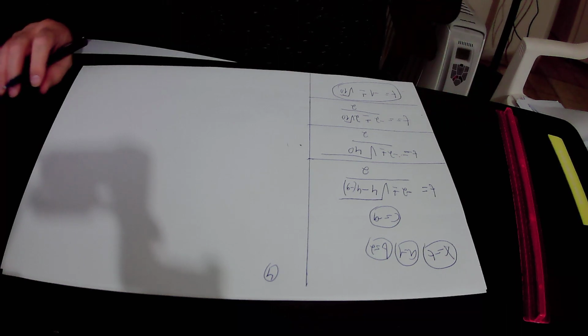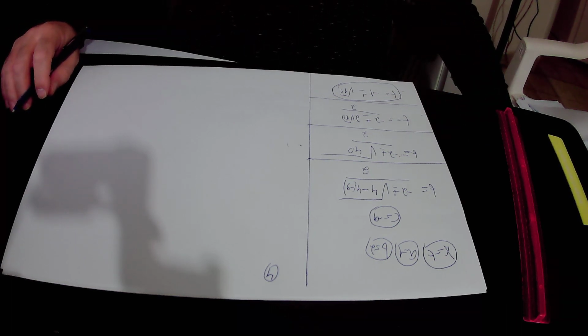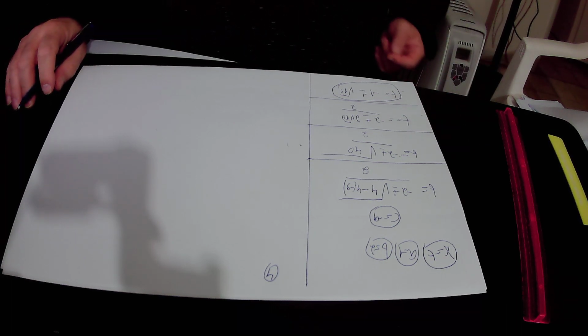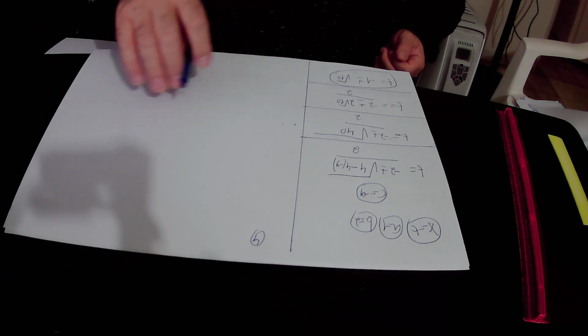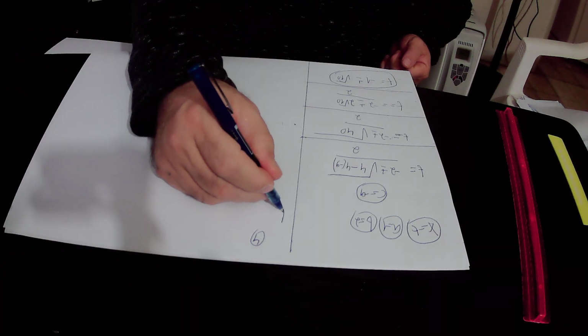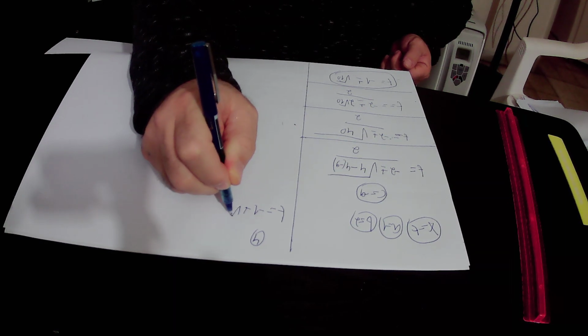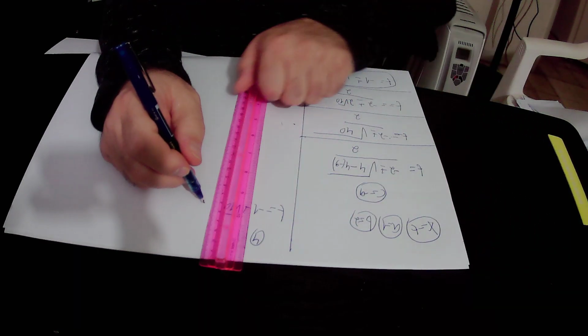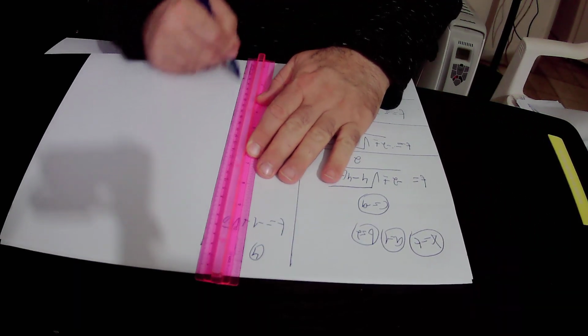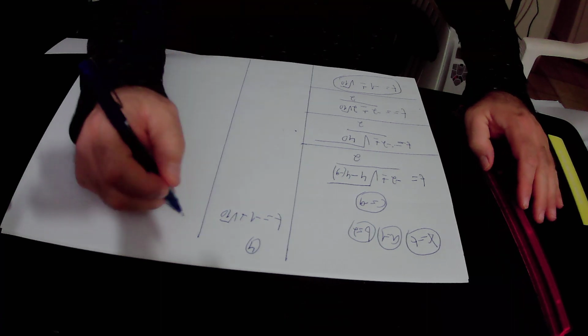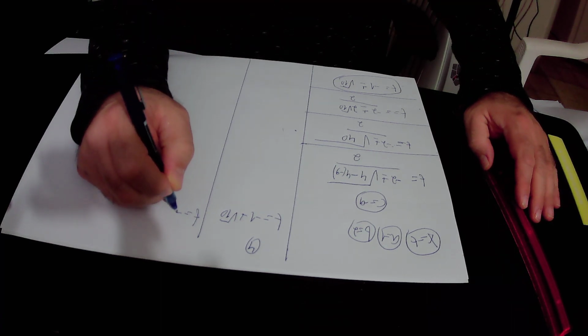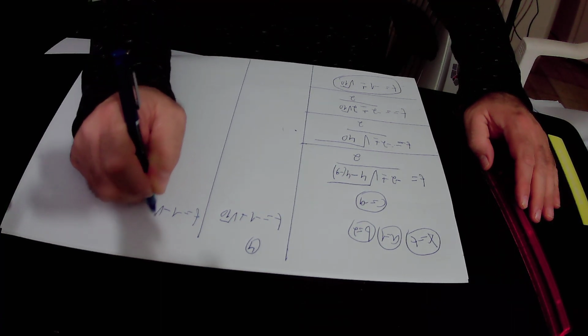Okay, and here we have two possible solutions for t. The first solution is t equals minus 1 plus the square root of 10, and the second solution for t is t equals minus 1 minus the square root of 10.